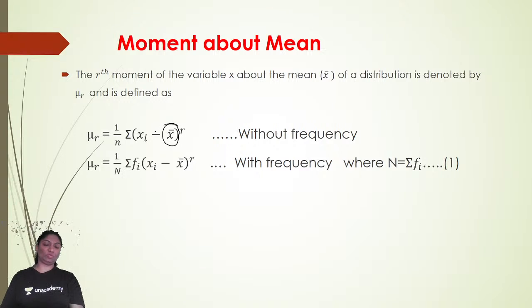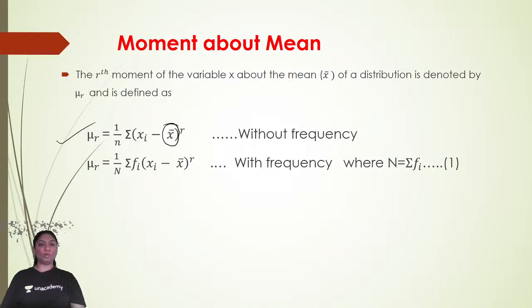Yesterday we saw what you mean by mean. Mean of the values of xi is denoted by x bar. So mu r is equal to 1 upon n summation of xi minus x bar bracket raised to r. This is the moment about mean without frequency. Now mu r. What do you mean by mu r?